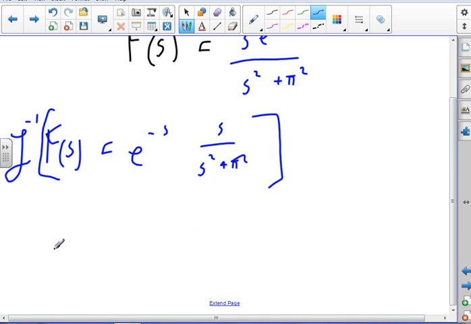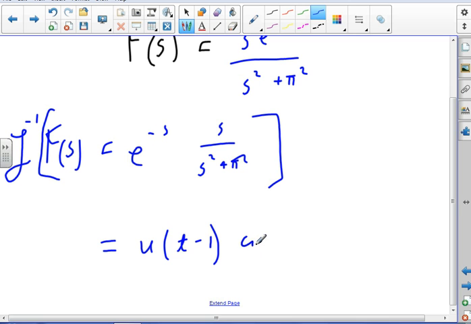I'm not going to write down f of t here because that would just be confusing. Looking at my theorem again, I'm going to have the unit step function u of t minus 1, and s over s squared plus pi squared is the cosine function, cosine pi t, from number 10 off my Laplace transform table.